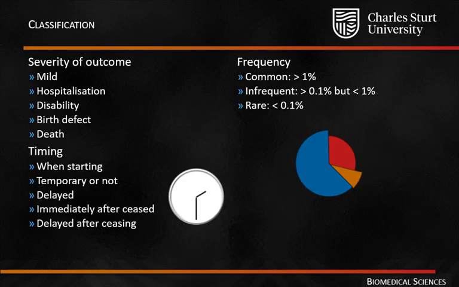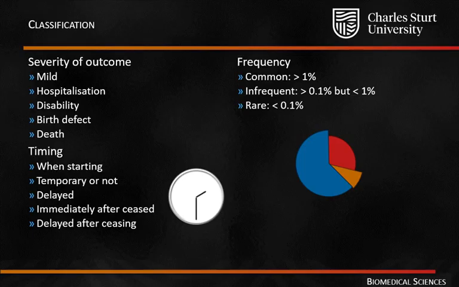Time-wise is another way you can look at adverse drug reactions. So they may occur when starting the medication. When starting the medication, they could be temporary, so they may disappear with continued use. Or they may be delayed, so they may not be there at the start, but they might appear after a week or a month.